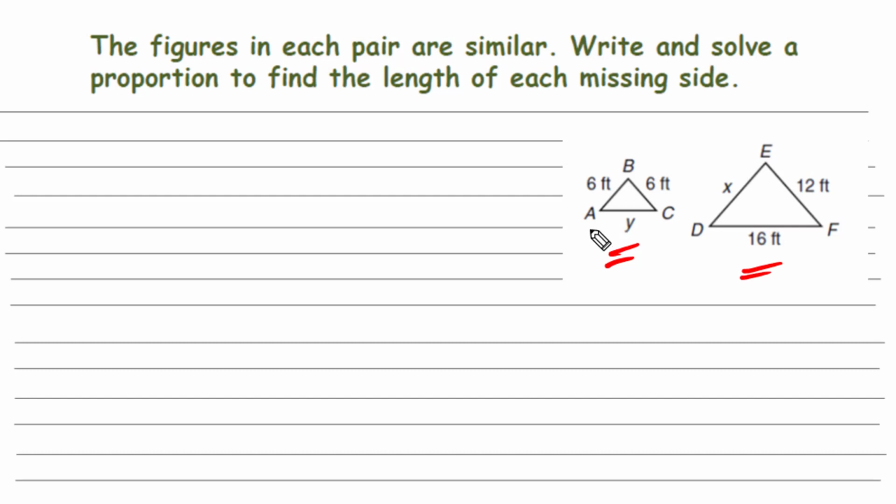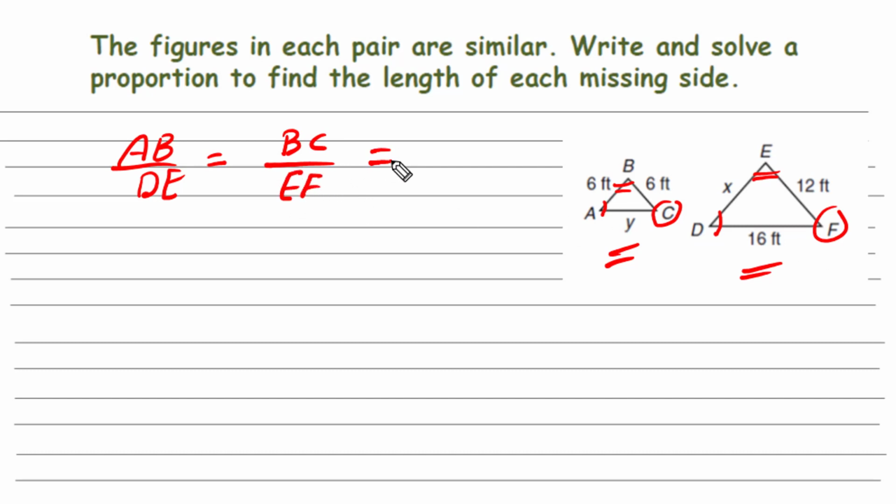First, guys, determine the corresponding vertices: A and D, B and E, C and F. So we can write the proportion AB over DE is equal to BC over EF is equal to CA over FD.